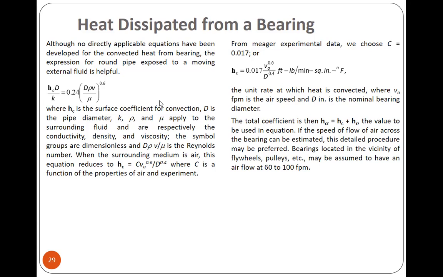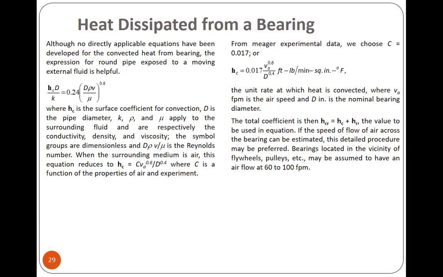Okay, remember yung transfer. When the surrounding medium is air, this equation reduces to H is equal to C times V sub A exponent 0.6 over D exponent 0.4, where C is a function of the properties of air and experiment. Now, for meager experimental data, we choose C as 0.017 or H sub C is equal to 0.017 times V sub A to the 0.6 over D to the 0.4 foot-pounds per minute square inch Fahrenheit.